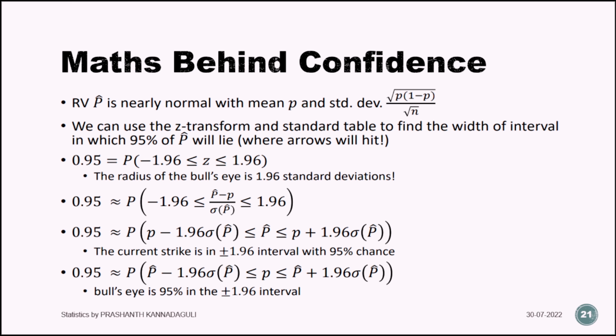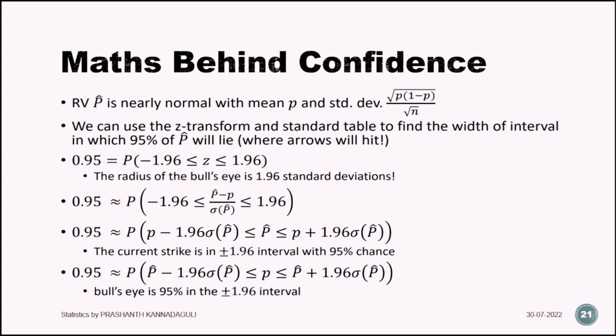What are these values, like 1.96? How you get everything, I'll answer. Don't worry about that now. There is a minimum value and a maximum value, in order to get 95% confidence saying that yes, my approximation is right, my p cap is close to p. Again, I have some normal distribution and I want to convert that into the standard distribution. So standard means you have to perform an operation denoted by this part: p cap minus p divided by the standard deviation of p cap.